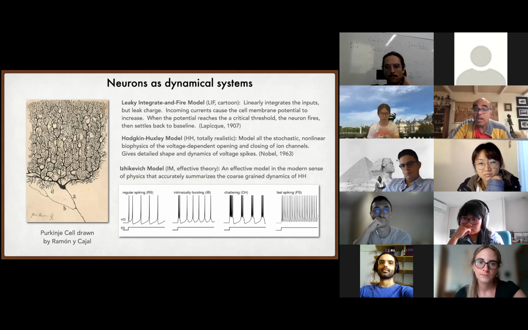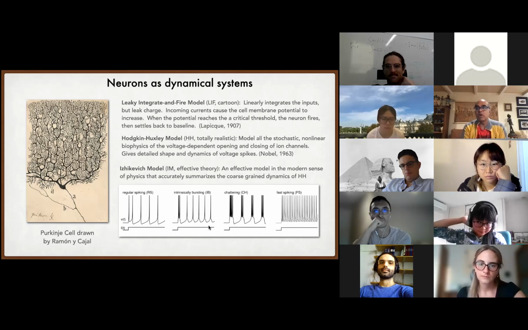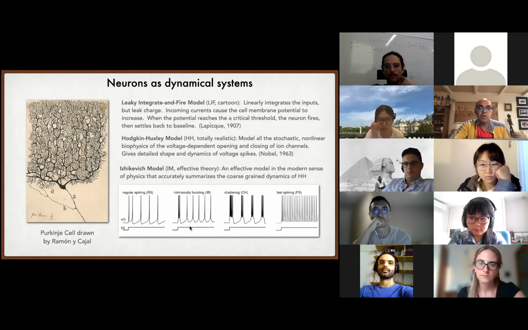What I find in my lab to be a very effective intermediate between these two things is the approach of Eugene Izhikevich, in which he basically gives what would be called in physics an effective theory of neurons. He has a coarse-grained dynamical systems model of a neuron with about 3 or 4 parameters. Depending upon how you pick the parameters, you can get neurons that go blip, blip, blip, or brr, brr, brr.